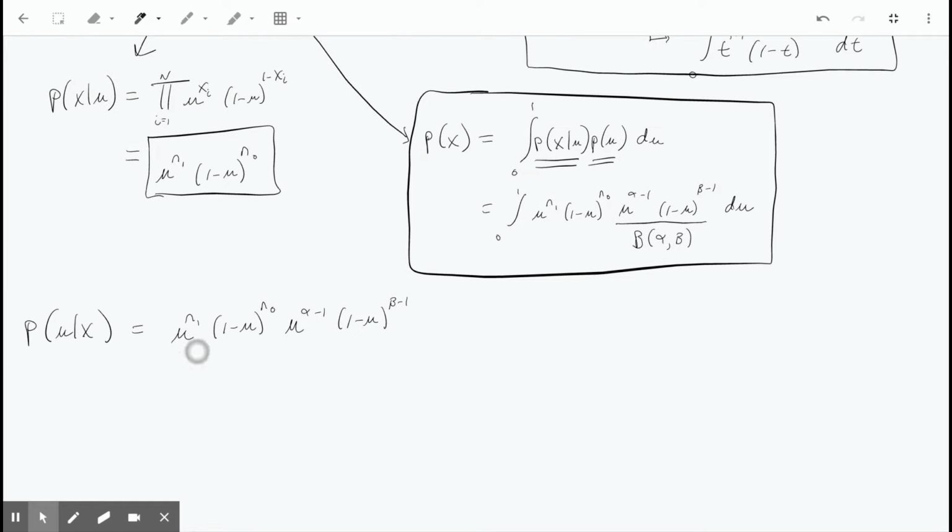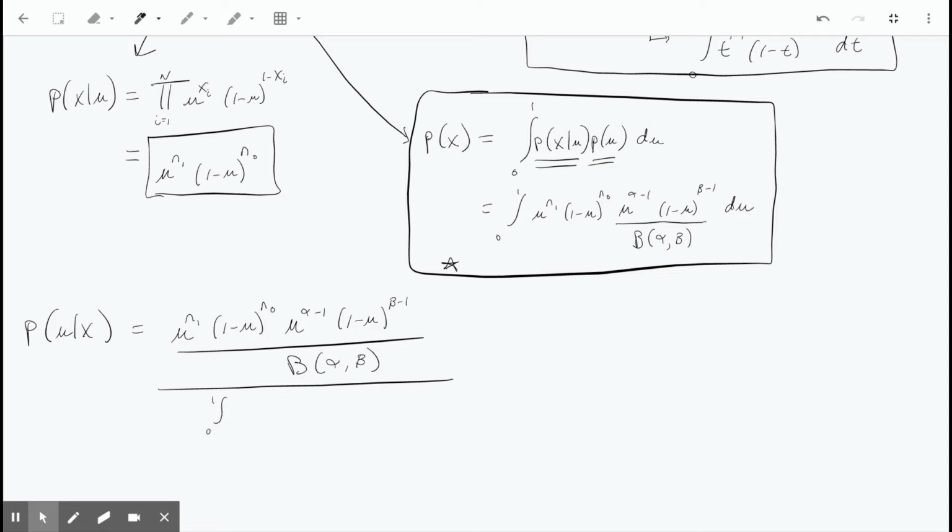And remember to divide that by this beta function. That's still part of our prior. And then we have to divide by the marginal likelihood, this guy right here. So we'll write this out.